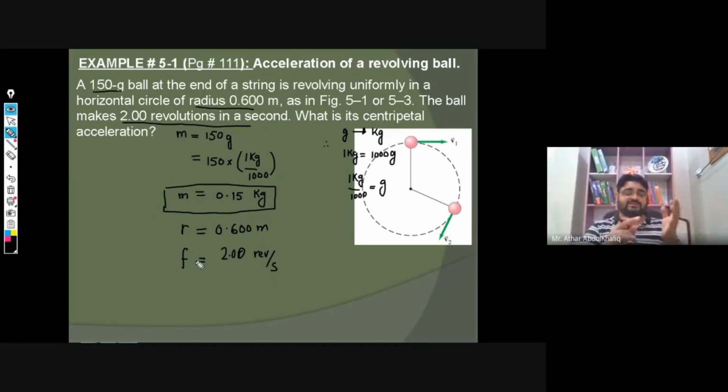Now we found three things: we have mass, we have radius, we have frequency. What do they want from us? Acceleration.